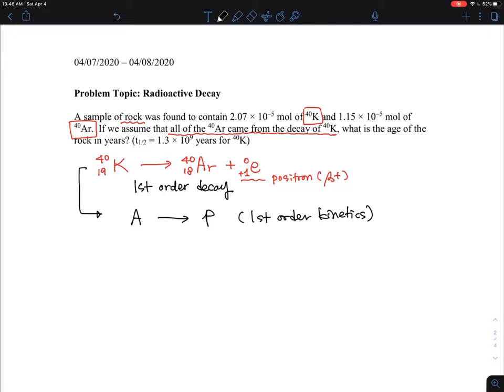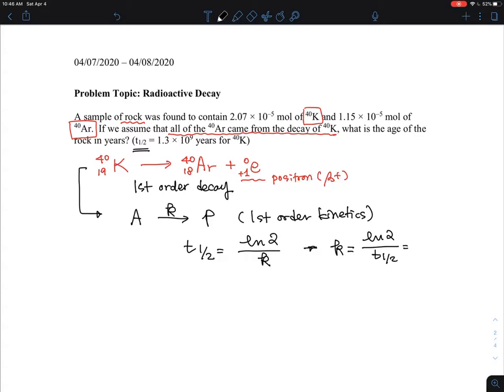They give you a half-life, T-half. Half-life is defined, if you look at the reference sheet, as ln2 divided by the decay constant k. So from here you can get the most crucial one, which is k. That is ln2 divided by half-life.